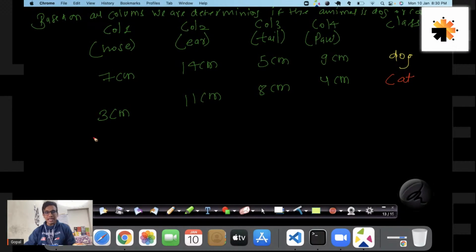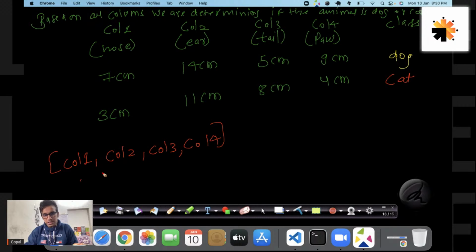So what exactly I did here was take into consideration column 1, column 2, column 3, and column 4. Based on these columns, I'm determining if my data is of a dog or of a cat.